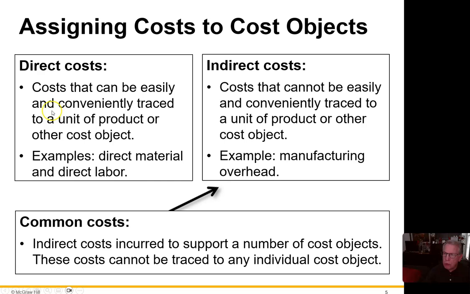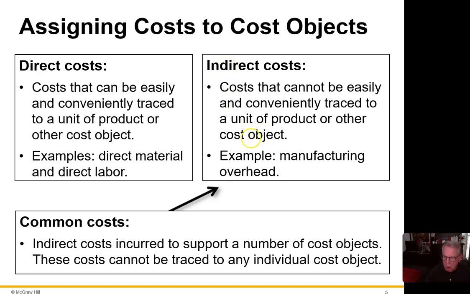Well, direct costs are costs that can be easily and conveniently traced to a unit of product or other cost objects. Some examples include direct material and direct labor, whereas indirect costs cannot easily or conveniently trace to a unit of product or other cost object.